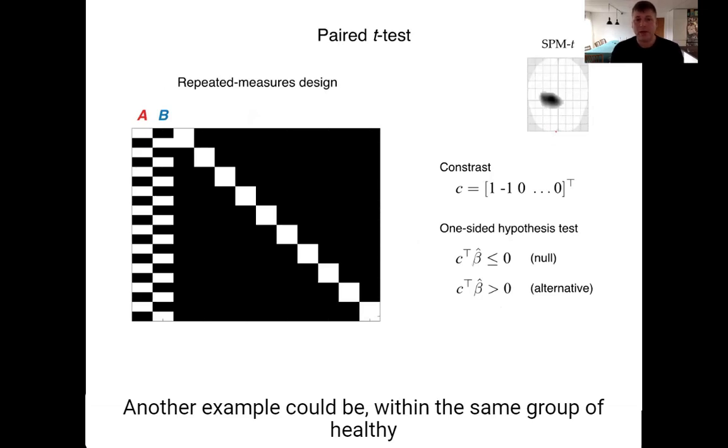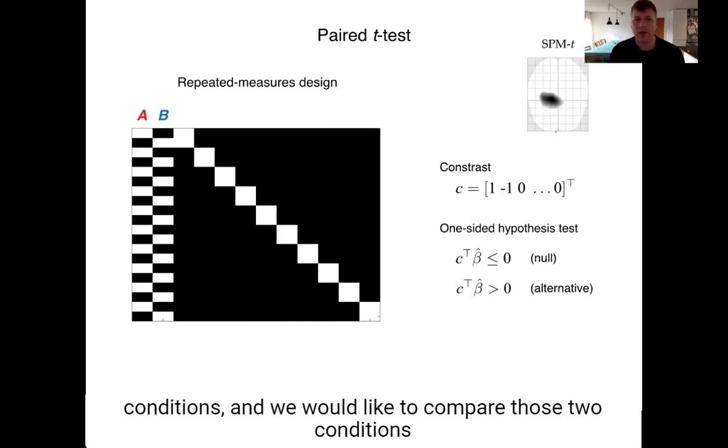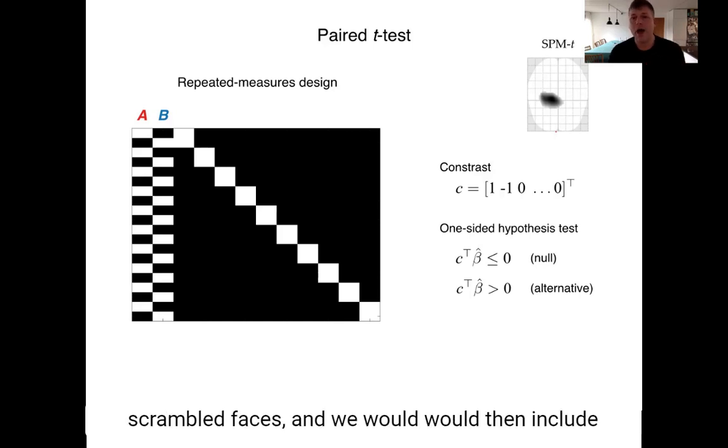Another example could be, within the same group of healthy subjects, we could have repeated measurements, say 2 different conditions, and we would like to compare those 2 conditions at the group level. That could be faces versus scrambled faces.